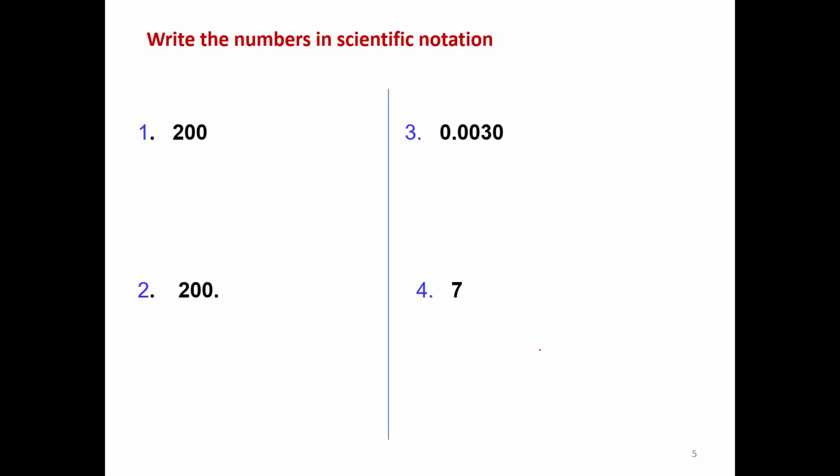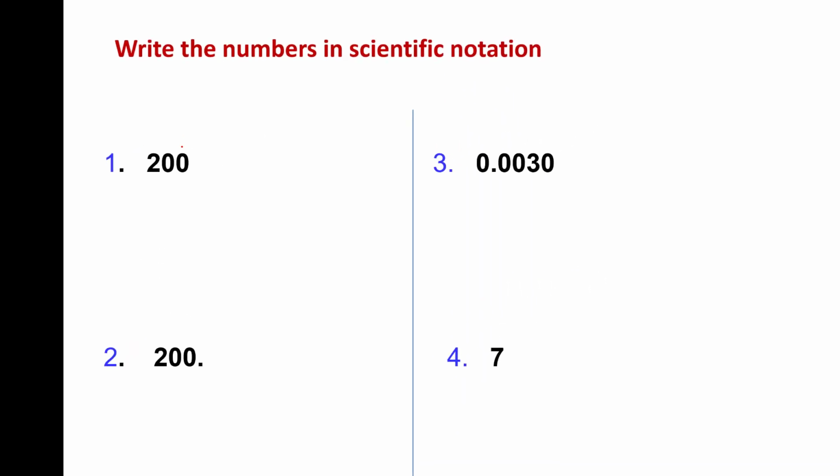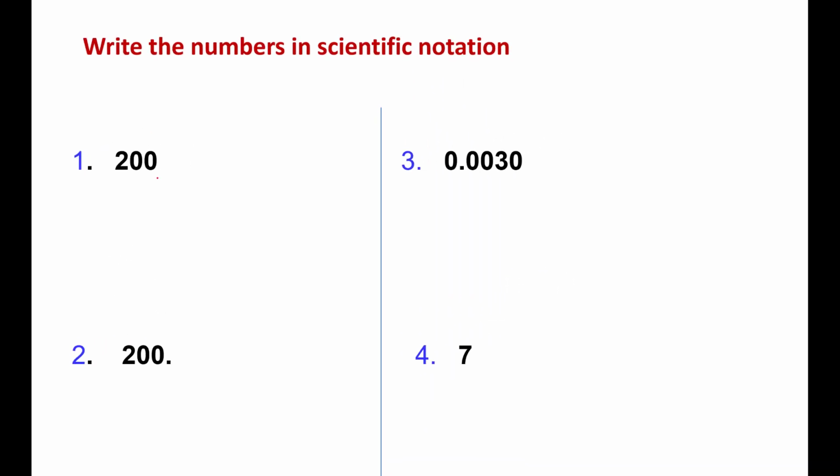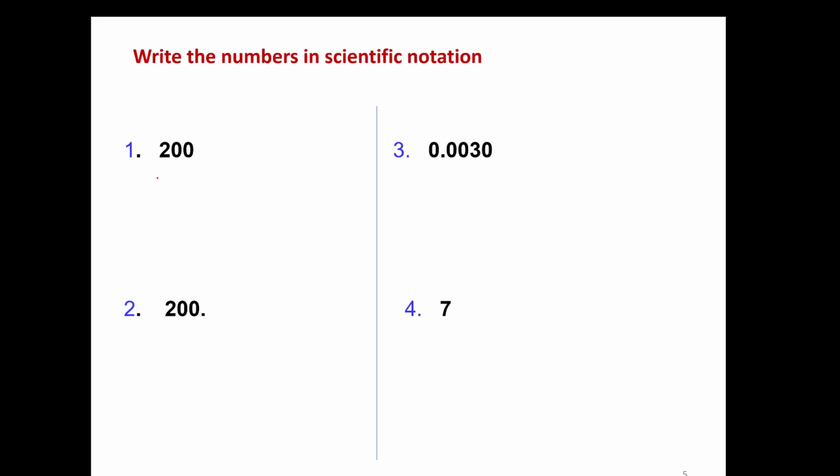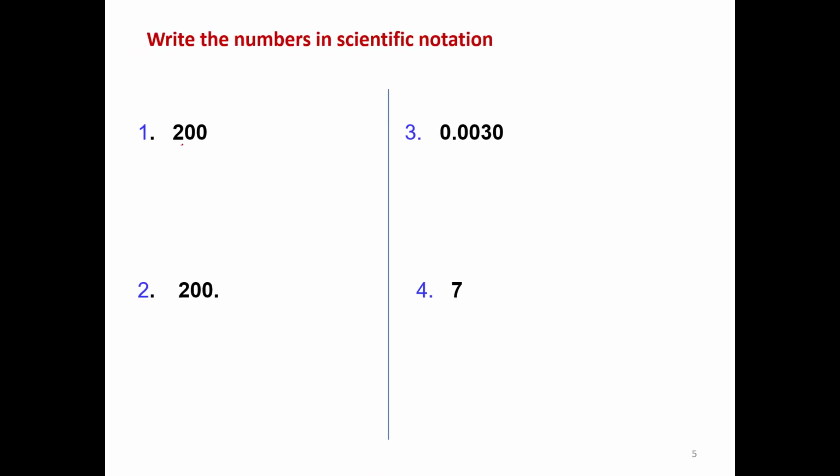And let's practice this too. And here we want the number between 1 and 10. Then we need the decimal point just here. And now how many places do we need to move to the actual decimal point? 1, 2.